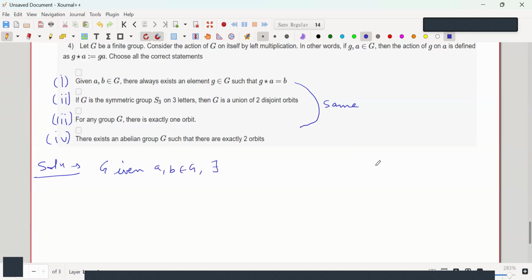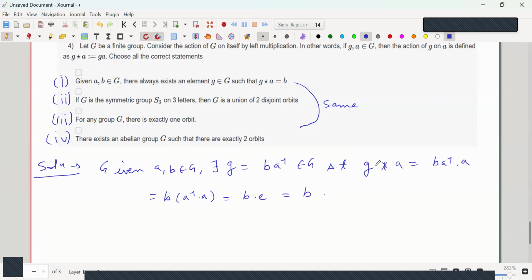There exists g equal to b a inverse, which belongs to capital G, such that g star a, which is its multiplication, is b a inverse a, which is just b, using the associativity property, and then that is just b times identity, which is going to be b.